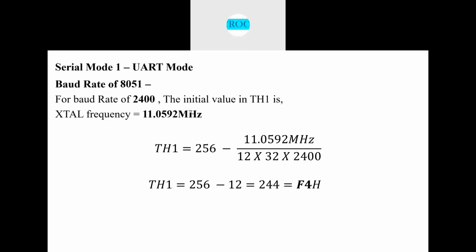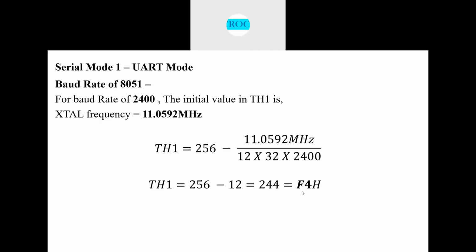Similarly, to set a baud rate of 2400, what should the initial count value in TH1 be? It is given by 256 minus 11.0592 megahertz divided by 12 into 32, 2400. This is the baud rate which we need to set, so that is 256 minus 12, which is equal to 244. And what is the hexadecimal equivalent of this decimal 244?